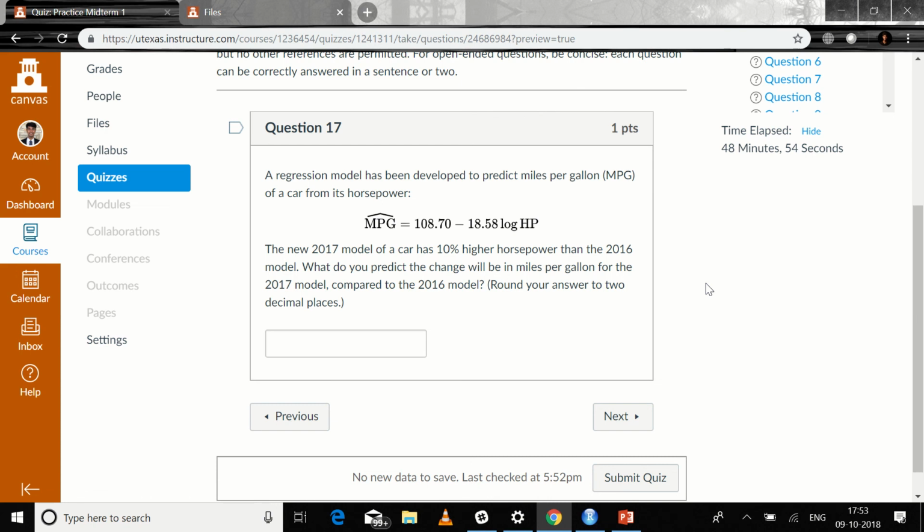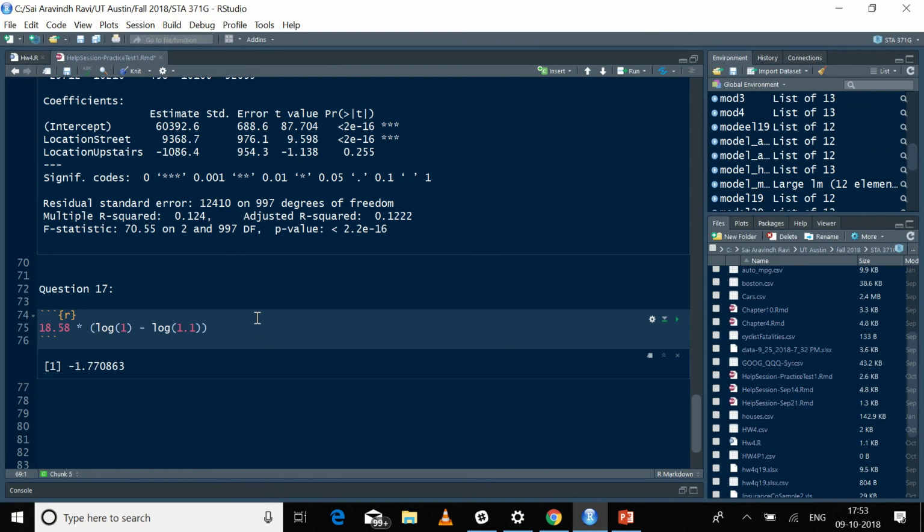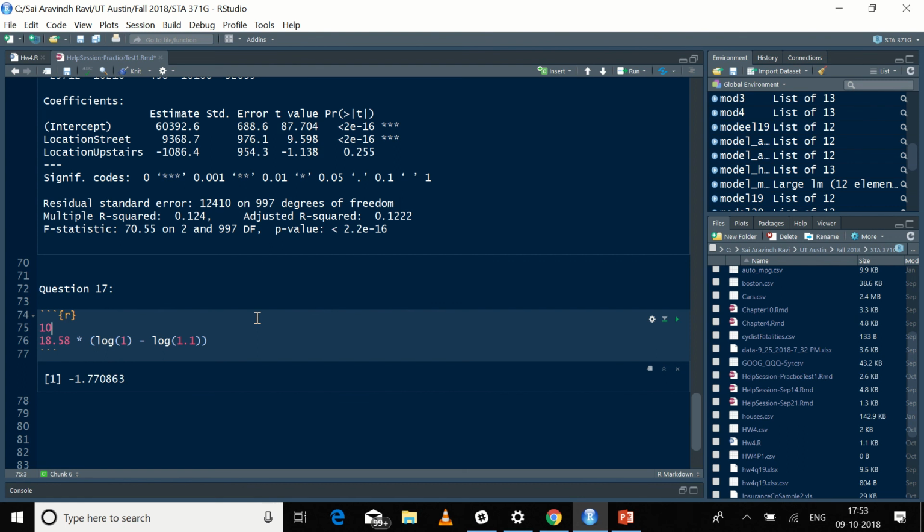So the equation that I would write in that case would be 108, whatever that is, minus 18.58 times log of 1.1, right? That's for the 2017 model. And for the 2016 model, it's again 108.